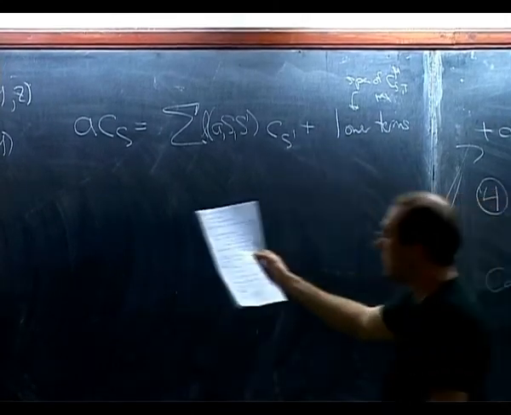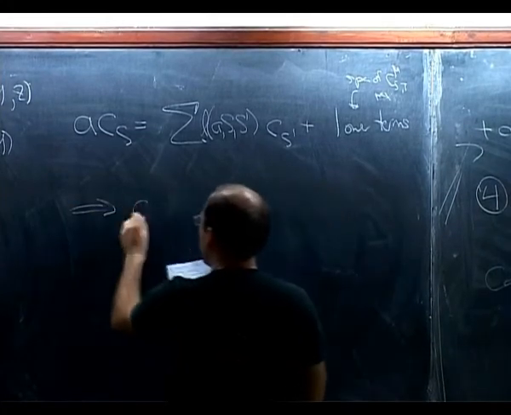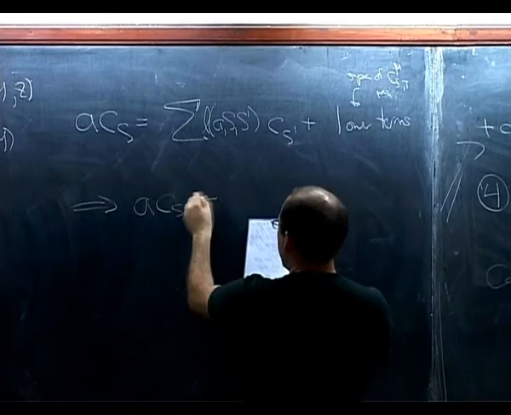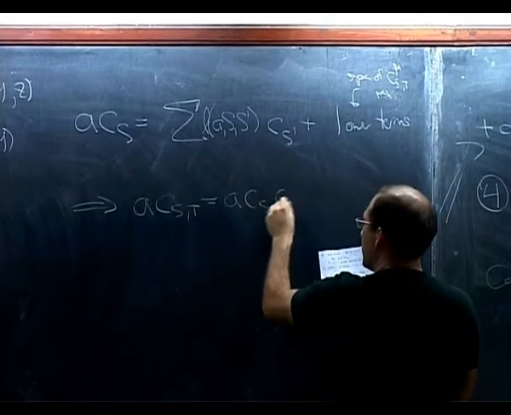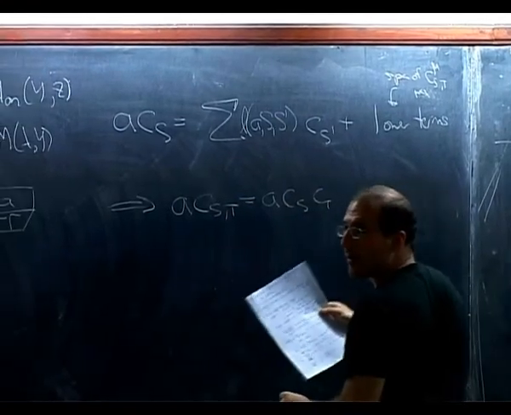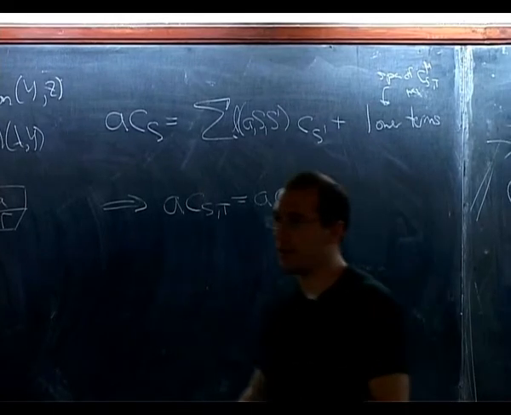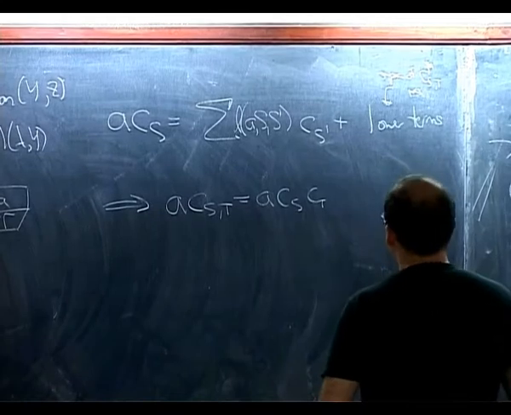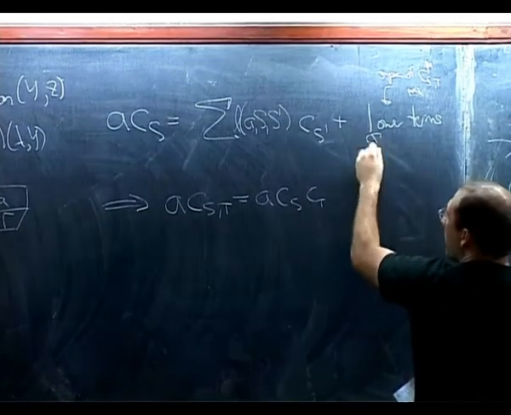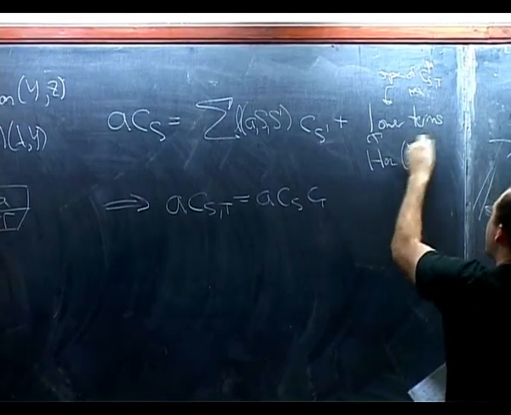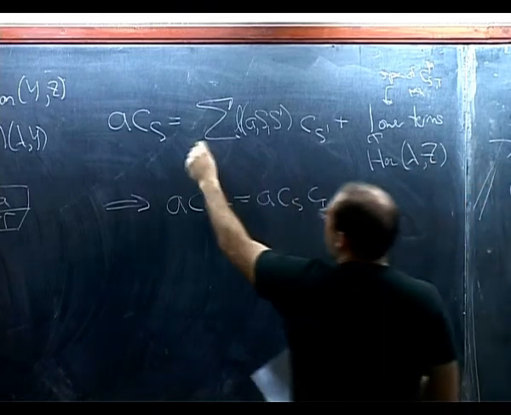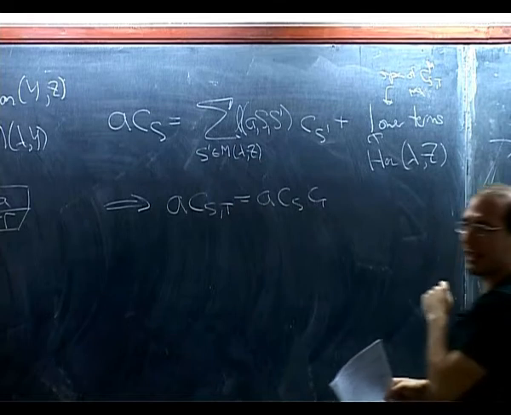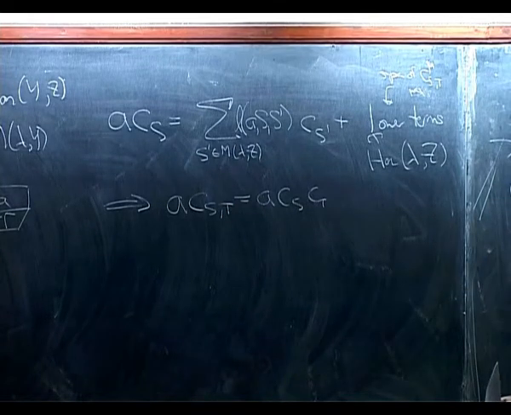Okay? So what's the consequence of this? The consequence is that if you take A and you multiply it by CST, this is A times CS times CT. So this is inside Hom from lambda to Z. So S prime is actually in M lambda Z. Thank you for interrupting. That's going a little too fast.